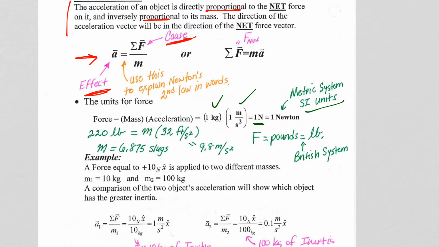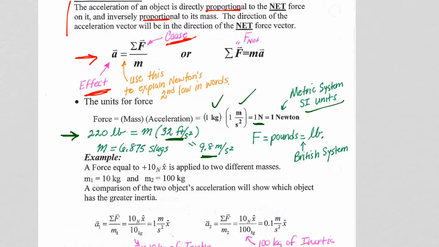And in terms of the British system, our pounds, which is also force, remember we had talked about mass being in kilograms, or that British unit slugs. We can now calculate how big of a slug we are, because a person who weighs 220 pounds, force equals mass times acceleration, standing on the surface of the earth, will undergo an acceleration of 32 feet per second squared. That's the equivalent of 9.8.